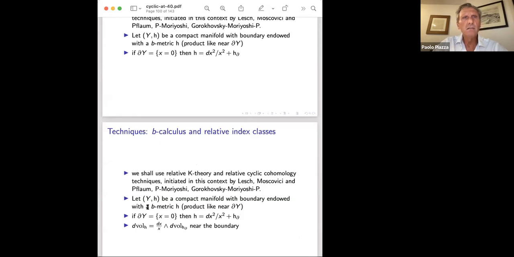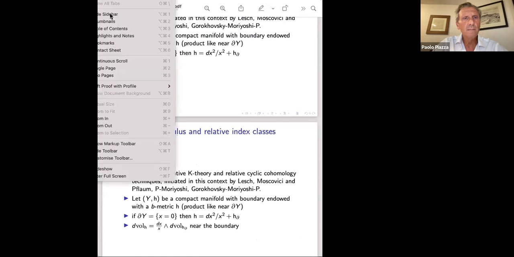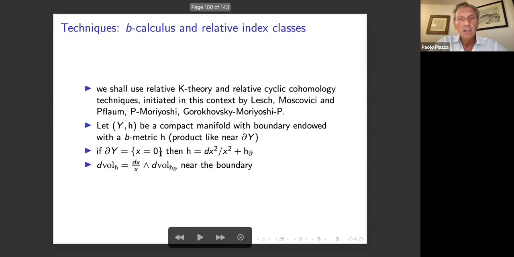Full screen, yes, sorry. So notice that the volume form is of that type near the boundary. So there is a singularity near the boundary.